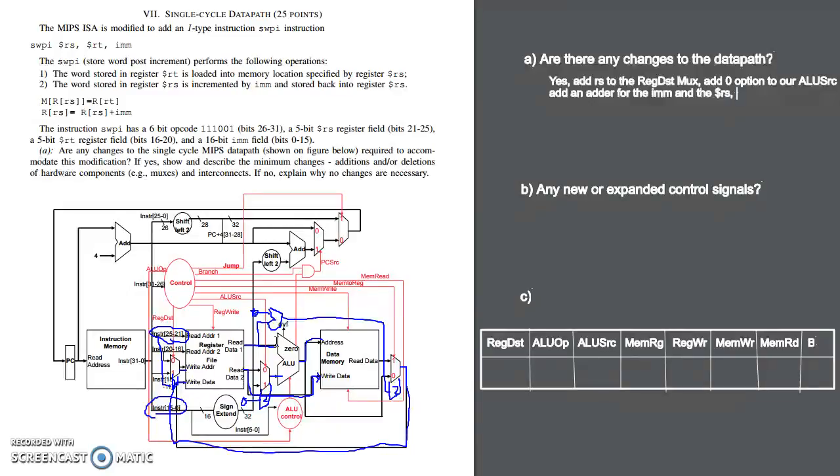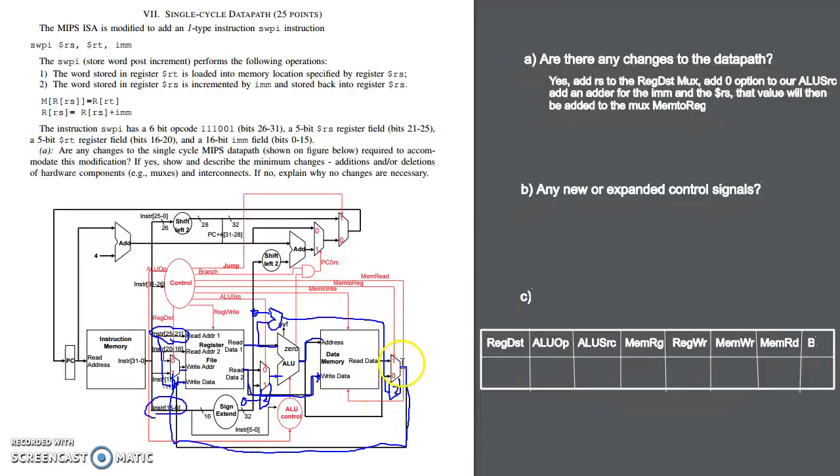Okay, and then that value will then be added to the mux mem to reg. So basically what this means is that we take our immediate and we take rs, we add them together, and then we put that into this mux.